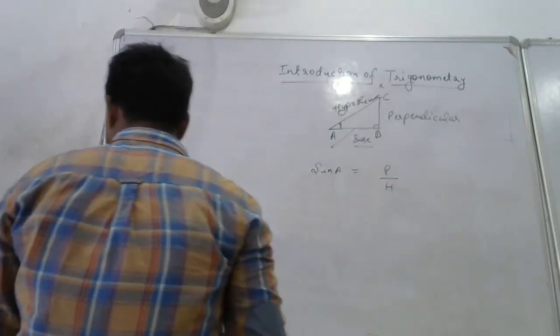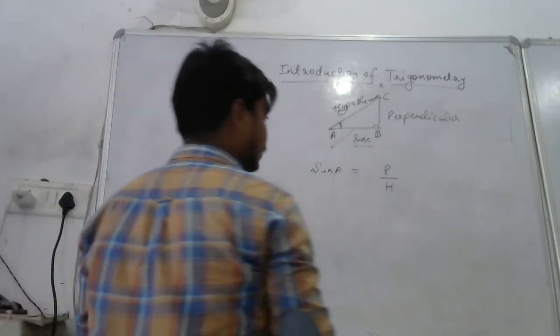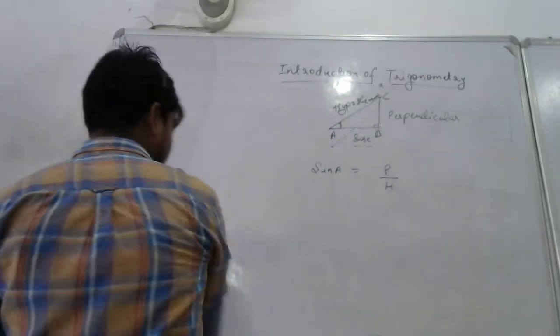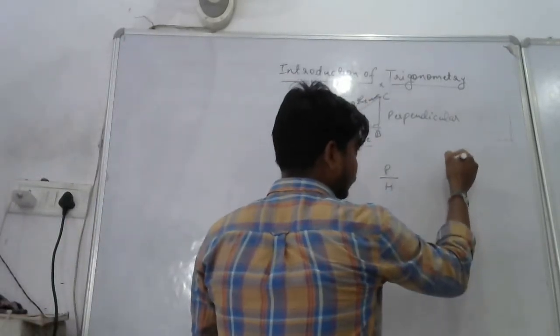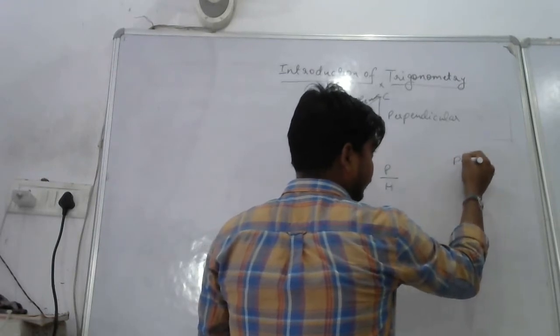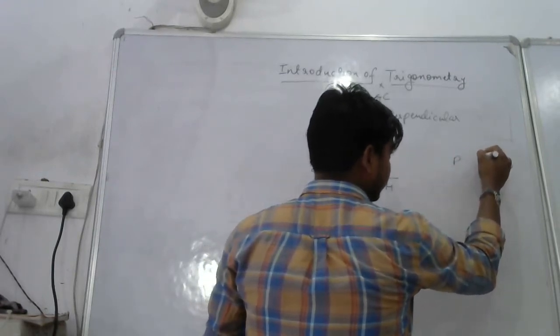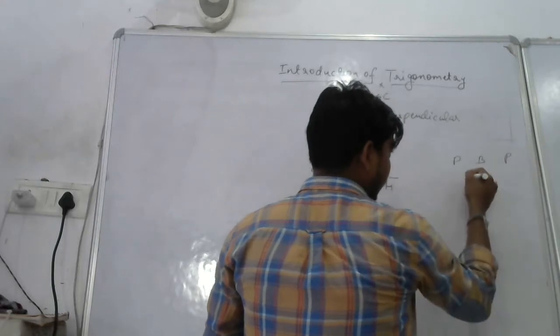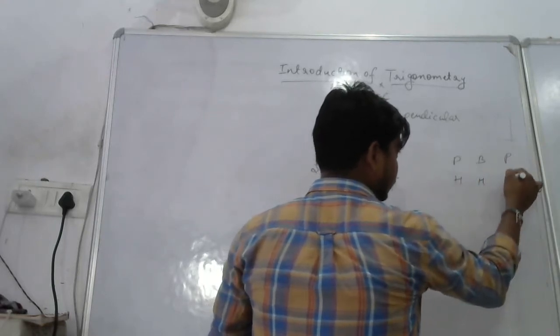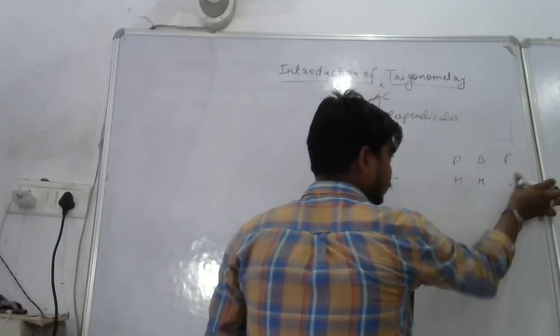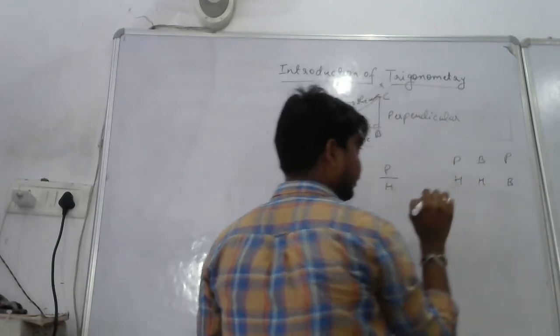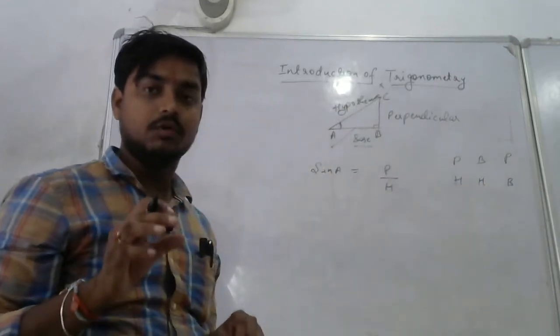So there are six trigonometric ratios, and we have to write the formula for them. We can write this as P, H, B. This is the short way for all six trigonometric ratio formulas.